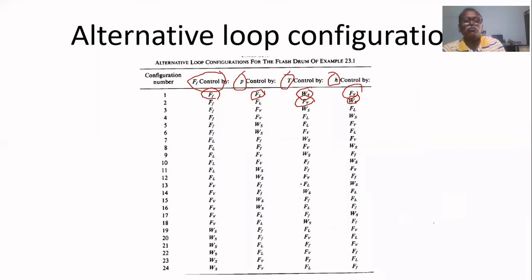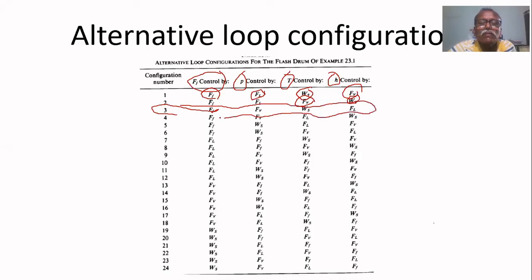So out of 24, if you consider 3, what are the variables that we are using? For pressure, FV, the vapor flow rate, will control pressure. The steam mass flow rate will control temperature, and the liquid flow rate will control the level. So this is the best.